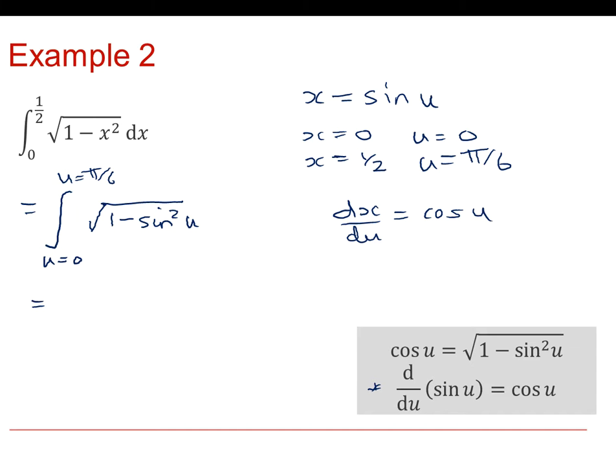So that will give me cos u du. That integral is now totally in terms of u. I know that I can use cos u to replace the square root of 1 minus sine squared u, and I have another cos u, which would give me cos squared u du.